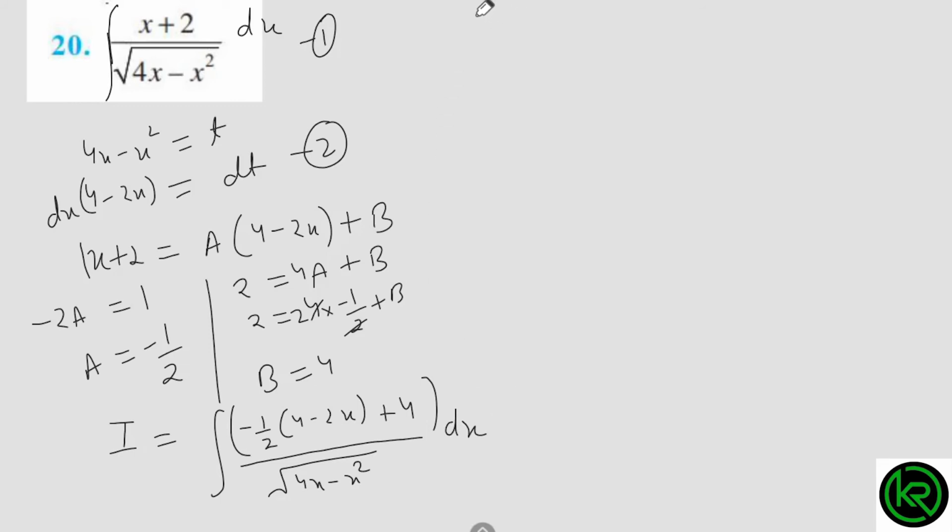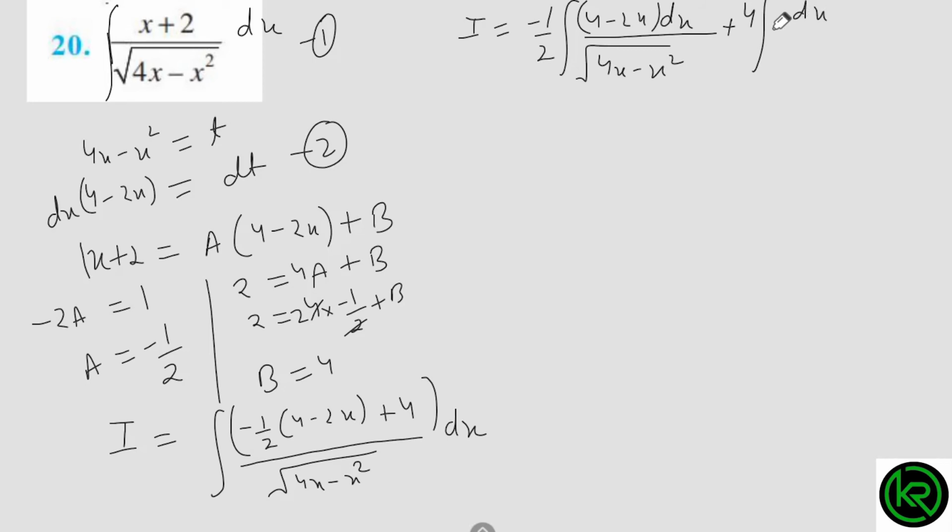Okay, so now I will be equal to minus half 4 minus 2x dx, and downside we have 4x minus x square, and the next integral is 4 outside, and here we have dx upon 4x minus x square.